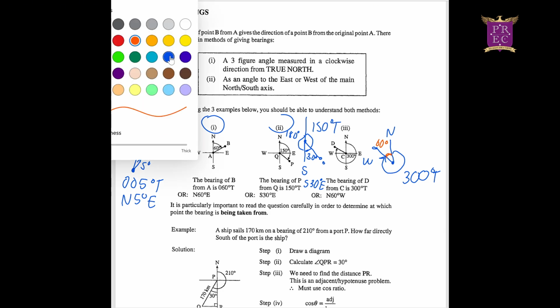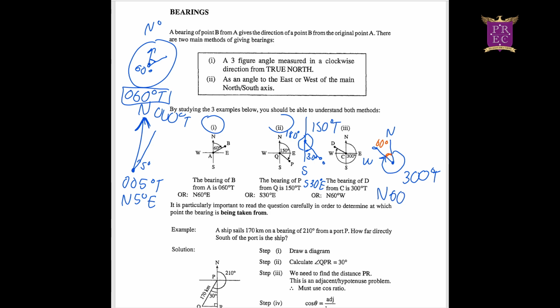Now that we know that it's 60 degrees, we just need to write it as north 60 degrees west, because to get from north to this place, it's just starting at north and moving 60 degrees westwards. And that's how you give your other bearing.